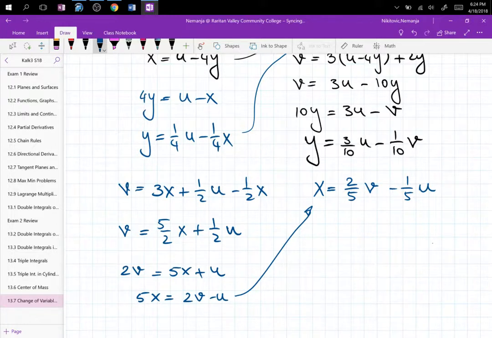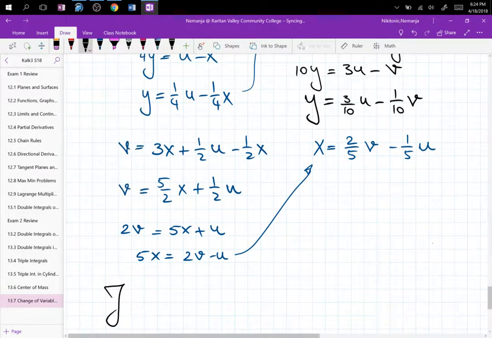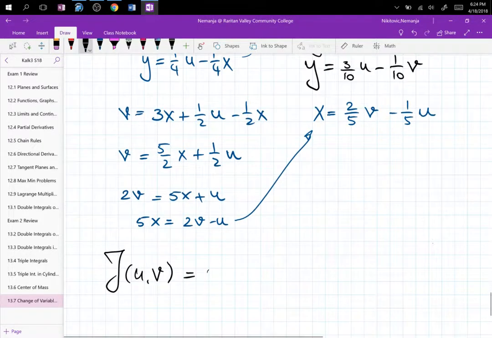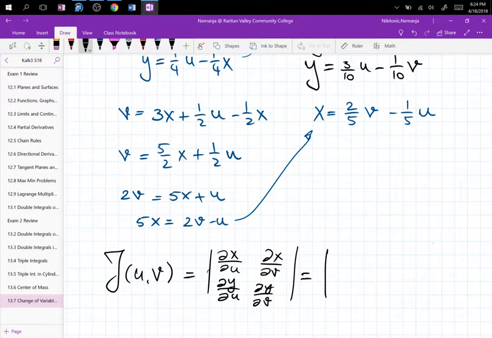So now what I'm going to do is compute the Jacobian of u, v, which is again partial x, partial u, partial x, partial v, partial y, partial u, partial y, partial v. Now all of these are just going to be fractions real quick.